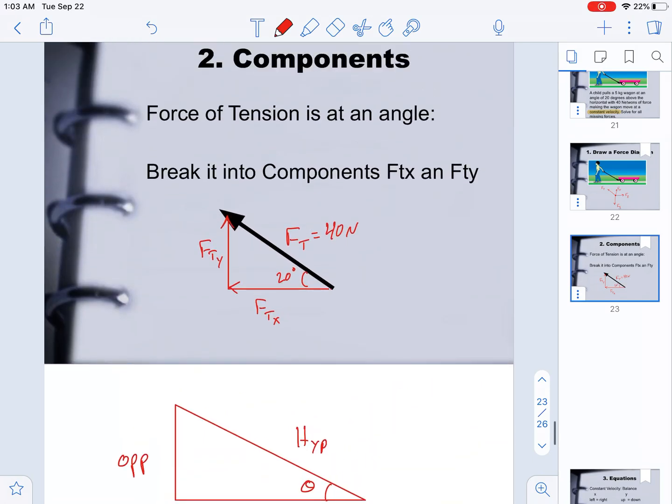If I translate that up here, that tells me that FTY is equal to FT times the sine of 20 degrees.